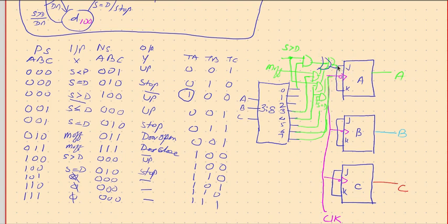What is TA? J and K of A flip flop are shorted together and that becomes TA. So same way we collect from these 8 outputs appropriately.